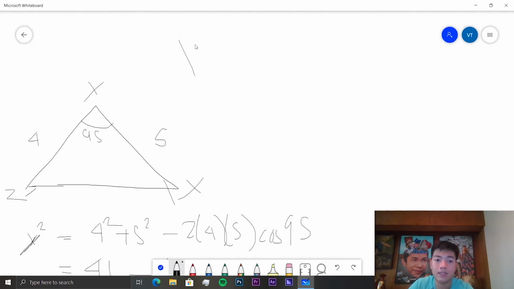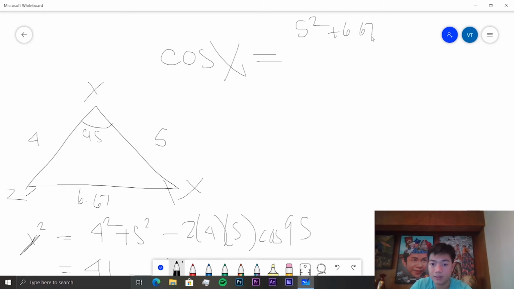So we have capital X is equal to, well, we know this is 6.67. So we can rearrange the formula to state that cosine x is equal to 5 squared plus 6.67 squared minus 4 squared all over 2 times 5 times 6.67.